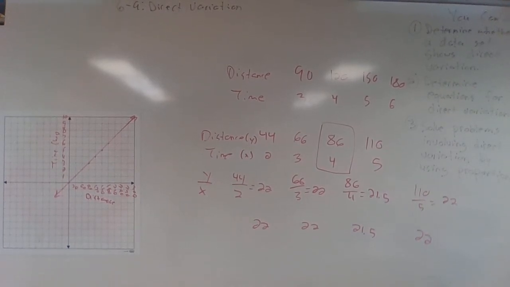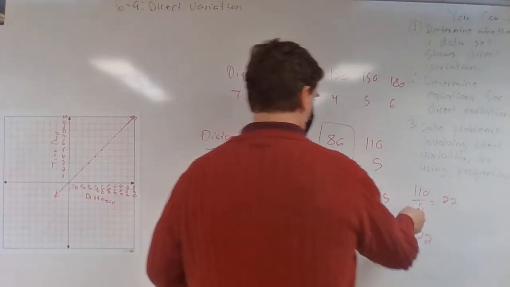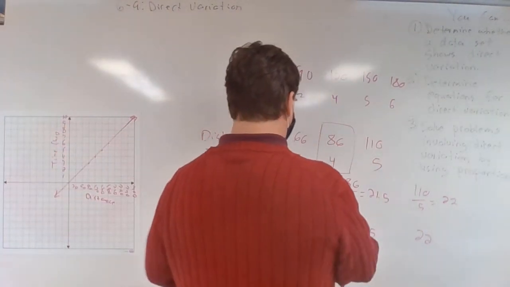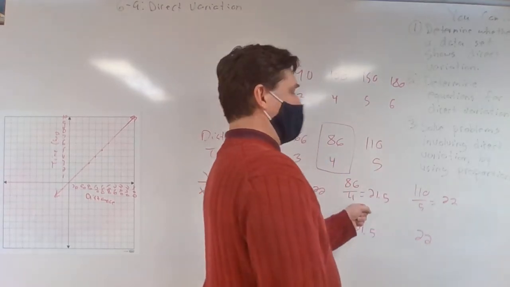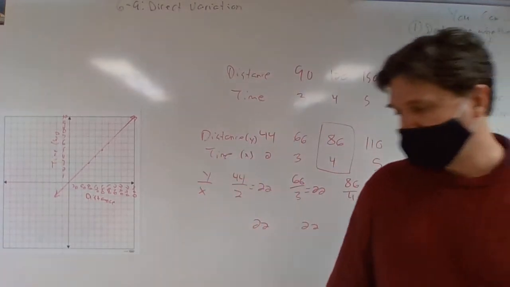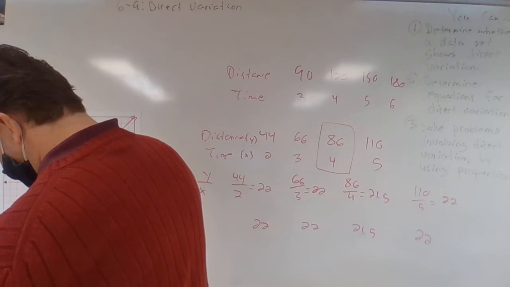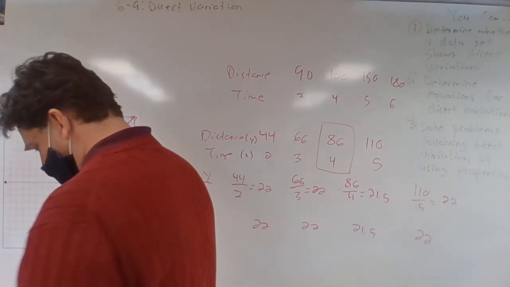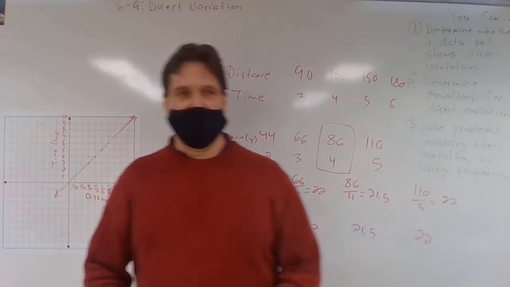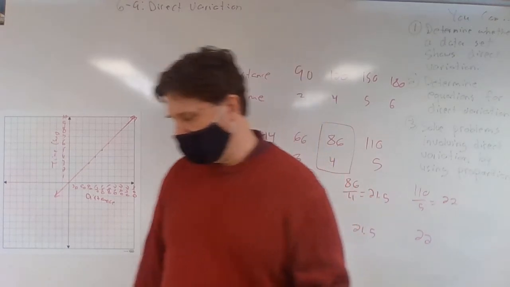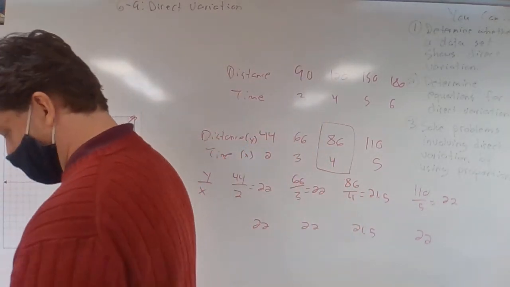Therefore, if I plotted this, I would not be able to make a straight line. Almost a straight line, close, but I do not have equal ratios. These are not proportionate to each other. These 3 are proportionate. However, this point right here is not. And by definition, because the ratios are not equal, that means not direct variation.